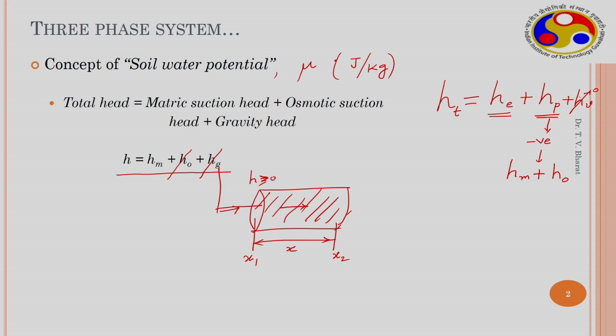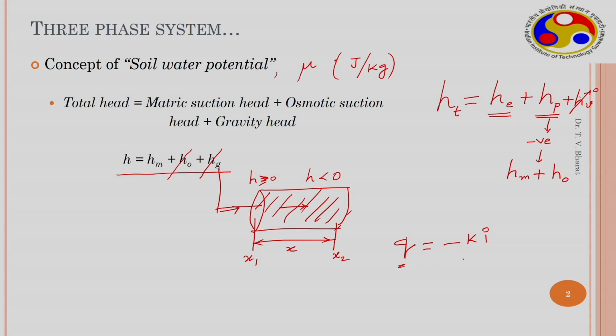Here the head is either equal to 0 or slightly more than 0. Everywhere else the head is less than 0, because the matrix suction head is negative, so flow takes place from higher head to lower head. Therefore we can use Darcy's equation, that is q equals minus K i.